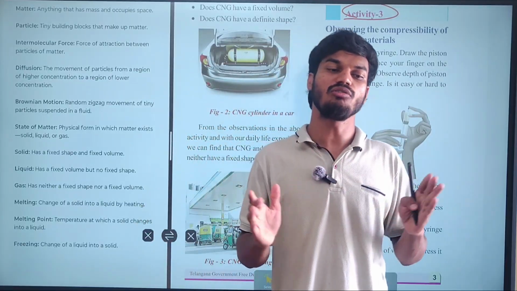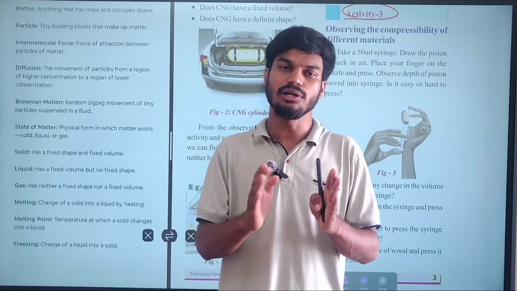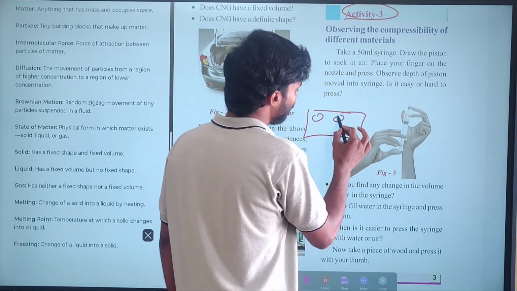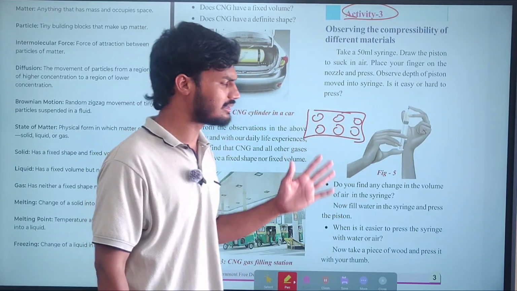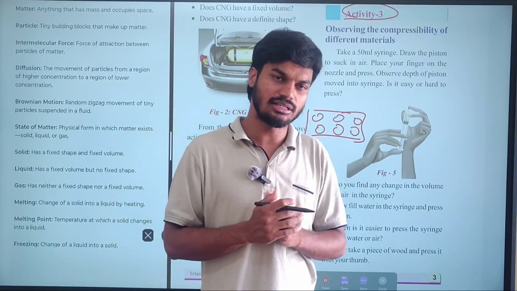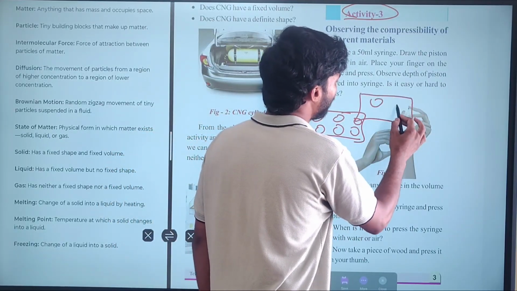The duster is able to form into a smaller size because of compressibility: the intermolecular spaces in the duster are loosely packed. Due to the presence of intermolecular spaces, the compressibility will depend on them. If the intermolecular spaces are very loosely packed, there is high compressibility.